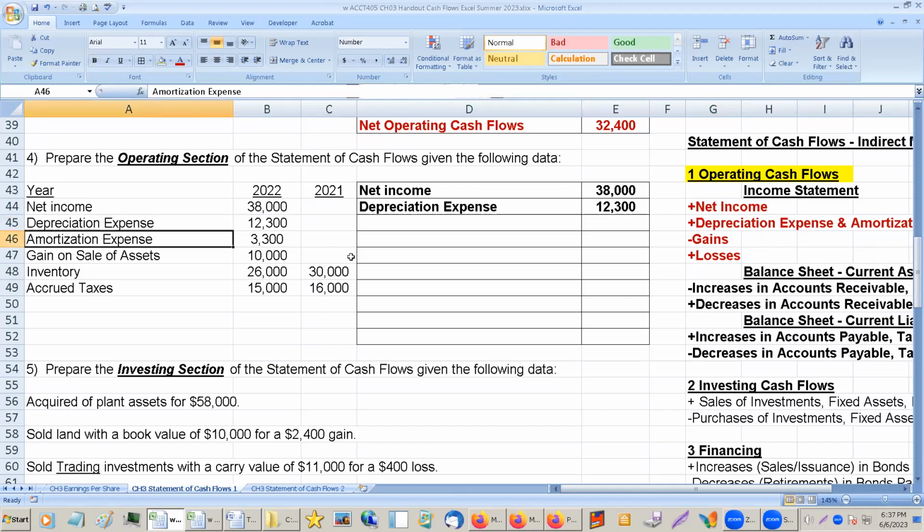Amortization is when you decrease the value of an intangible, like a copyright or a patent or something like that. And so again, there's no cash involved in those two, amortization and depreciation.